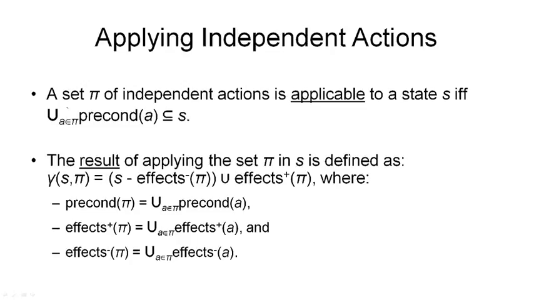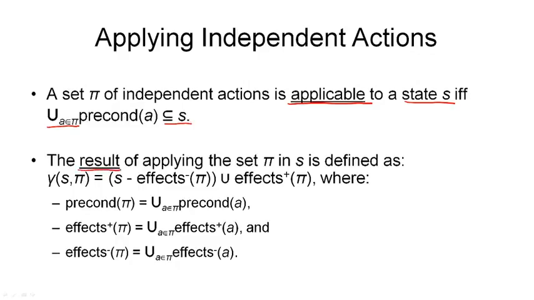So we can say that a set of independent actions is applicable in a state S if the following holds, namely, the union of all the preconditions over all the actions must be propositions in our state S. It should be obvious that if each of the actions has its preconditions satisfied in the state S, then this individual action will be applicable. And if this is true for all the actions' preconditions, then all the actions are applicable.